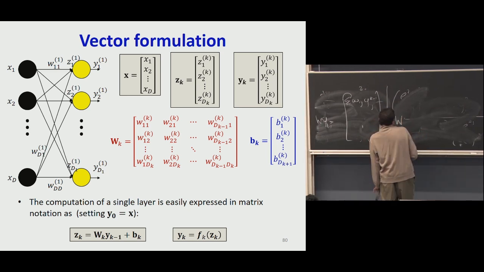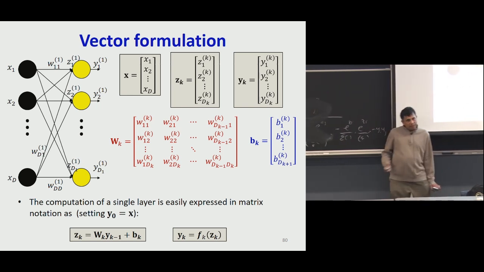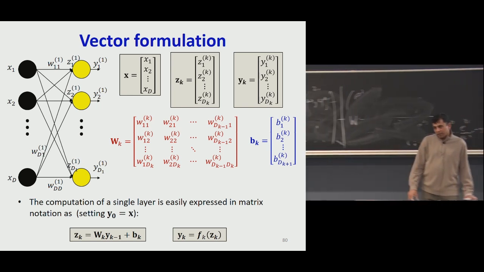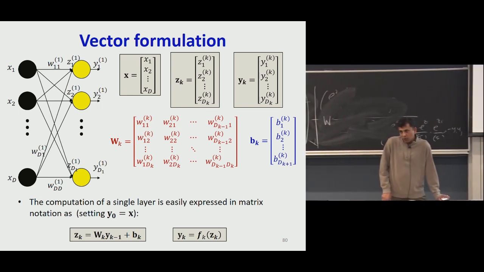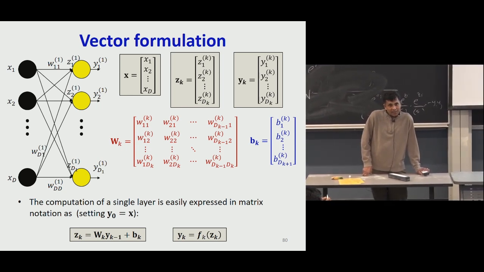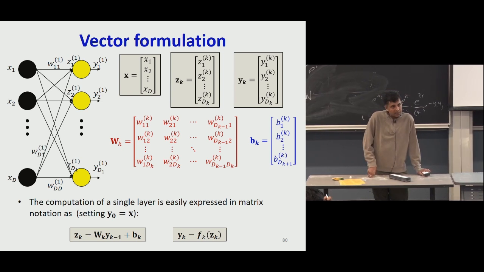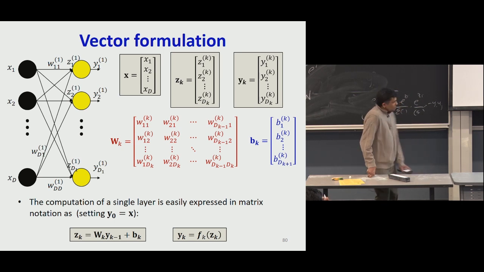I have added the subscript k, which tells you which layer the weights are for. So Wk is the matrix of weights going into the kth layer. Yk is the set of neuron outputs in the kth layer. Zk is the set of affine combinations going into the kth layer of neurons, the kth layer of activations, right?